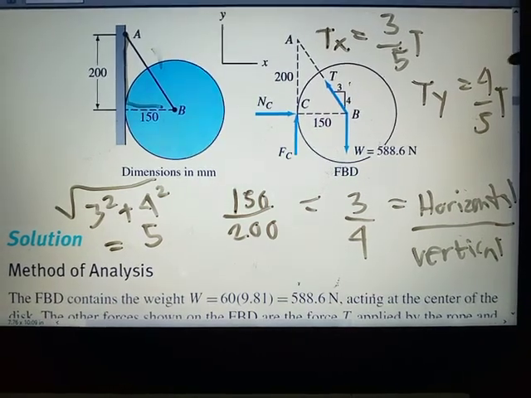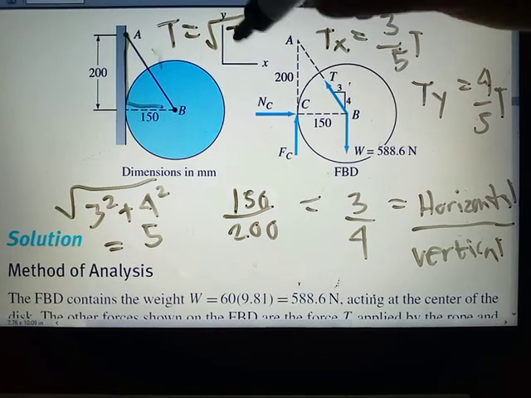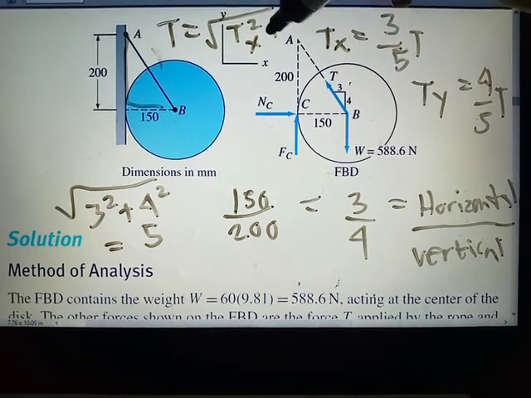You can recheck it. If we square 3/5 T and 4/5 T and add them, you will get T. Make sure that T squared is equivalent to Tx squared plus Ty squared.